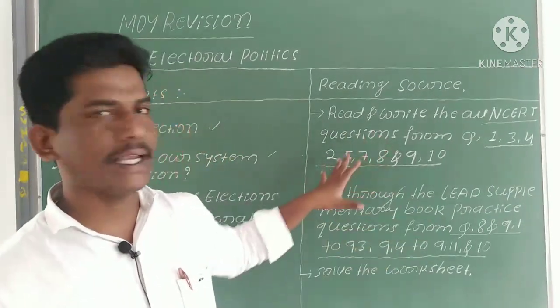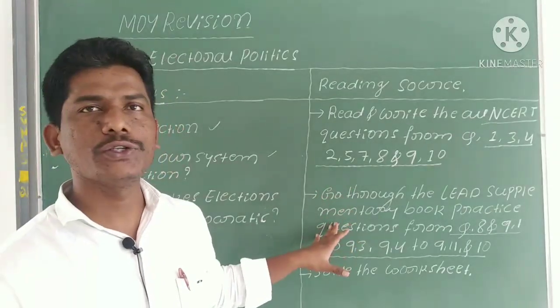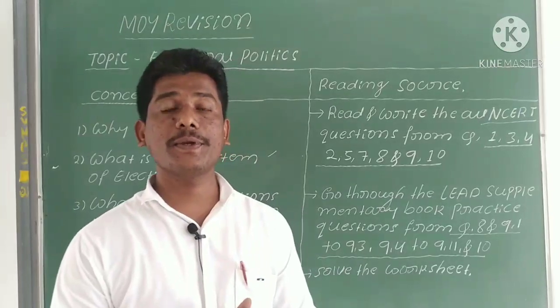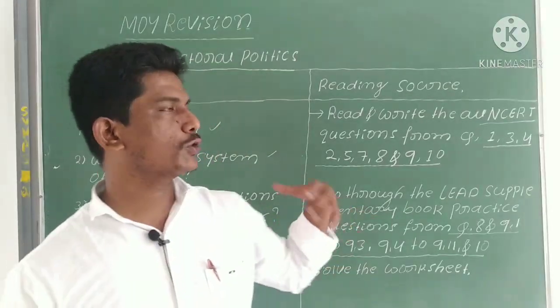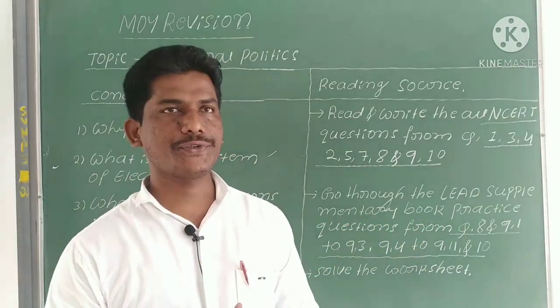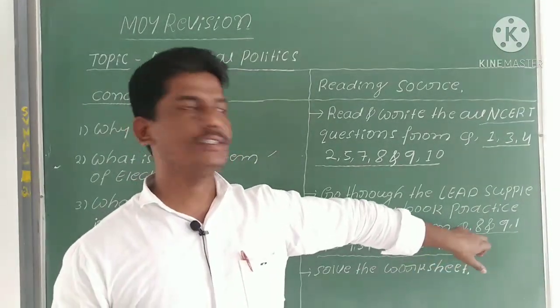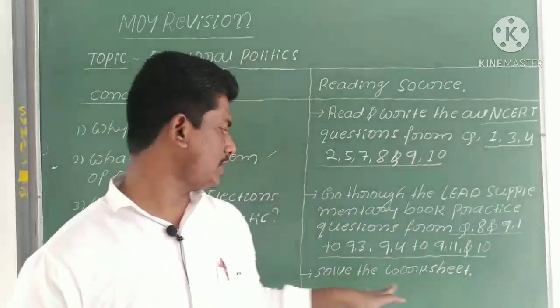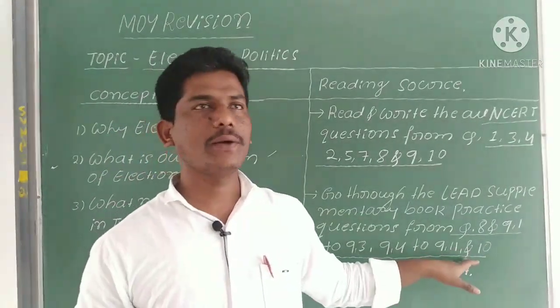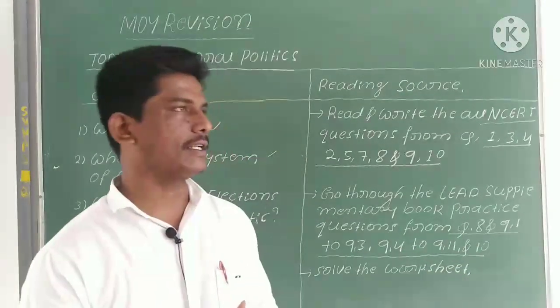Along with these NCERT questions, you have to see the Lead supplementary book questions. Go through the Lead supplementary book practice questions from question number 8, questions 9.1 to 9.3, questions 9.4 to 9.11, and 10 and 11.